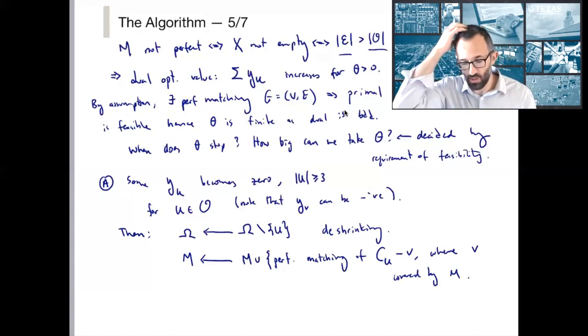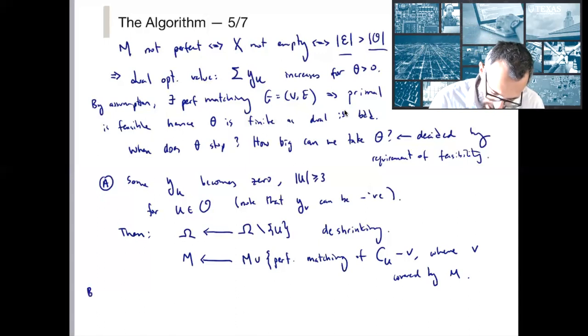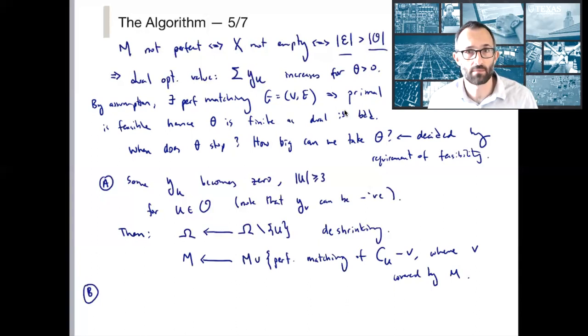Okay, so this is one way where theta could stop. It's because of the non-negativity constraints. But it could also stop before it makes any new non-negativity constraints tight.